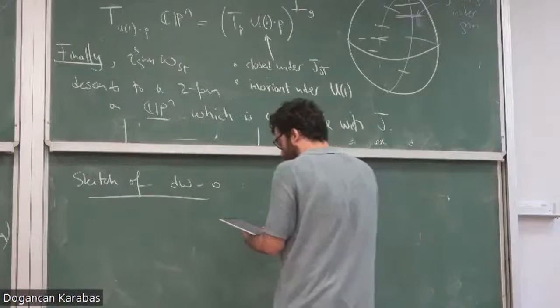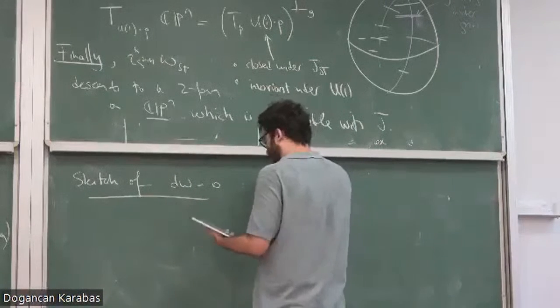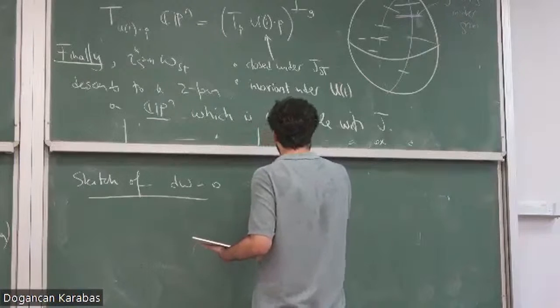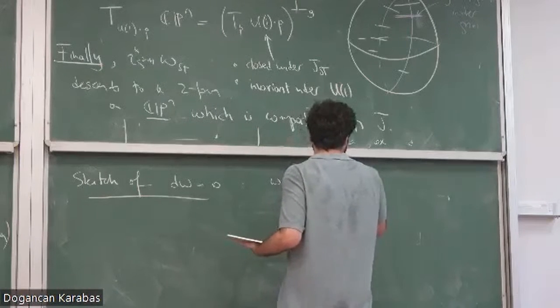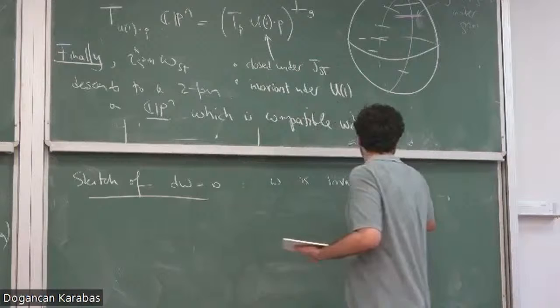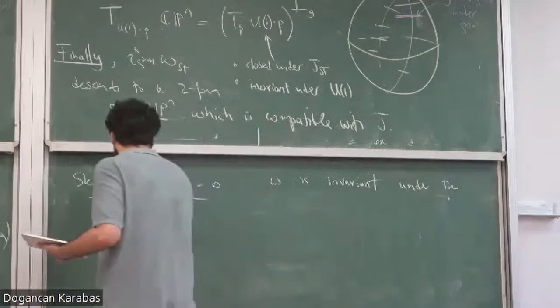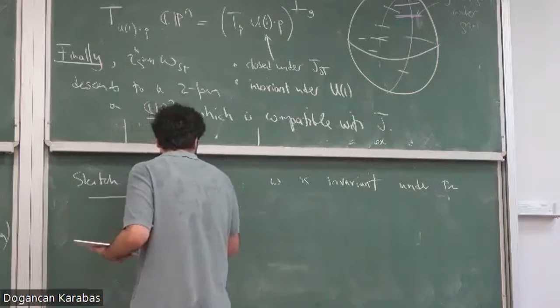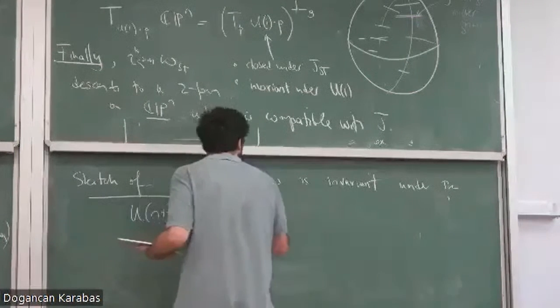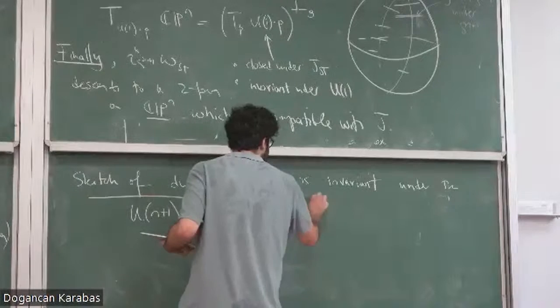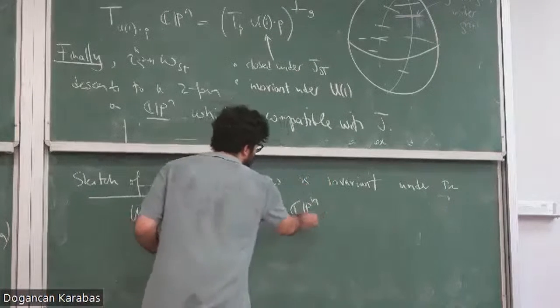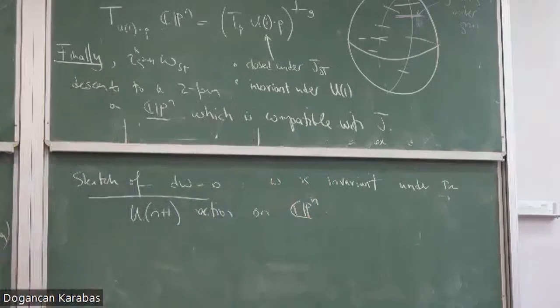Here's how it goes. This omega is invariant under the U(n+1) action on CP^n. If you don't want underline, it's okay. So why is that?